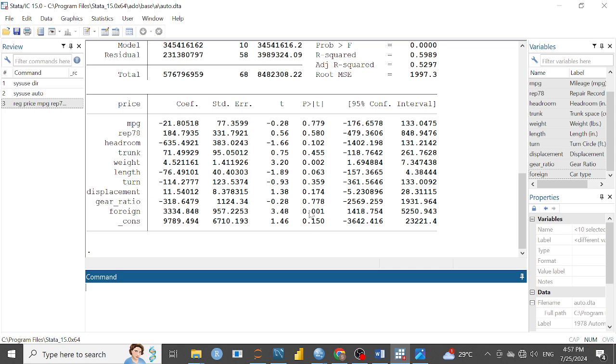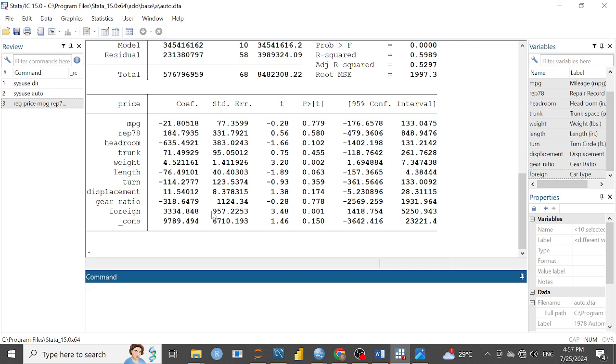Another one, okay. All of the remaining ones. This one is near significant, but it's not there. This one, foreign, is 0.01, and the coefficient is 334.84. So being a foreign car is associated with an increase in price by about 334.85 units.